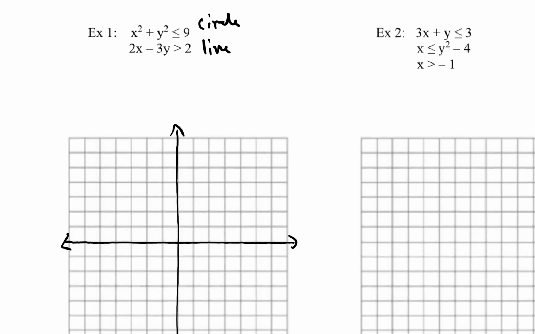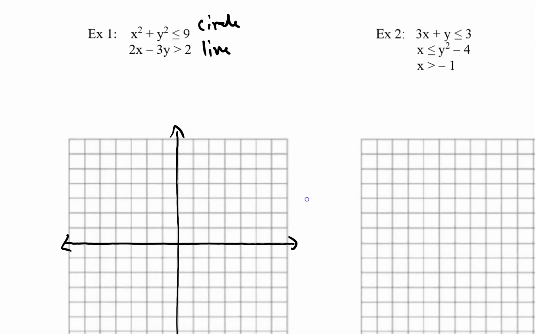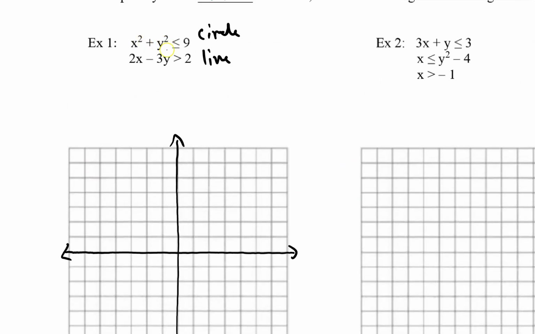We want to graph both of those things and then put them in the picture and shade what we need to. So the first thing, being that the graph doesn't have it, we have to have an XY coordinate plane. So we're just going to create our XY coordinate plane. And now I'm going to go up here and just do what it said. For the circle, it's not shifted because x squared plus y squared means this has not been shifted in any way off the origin.